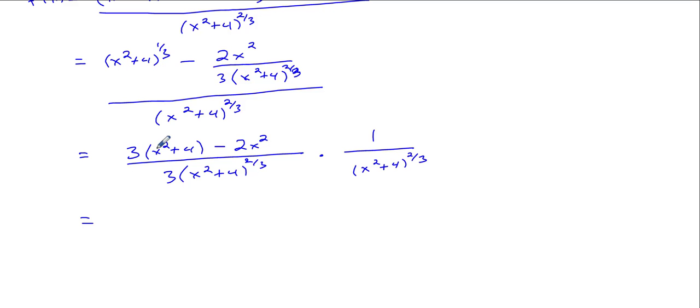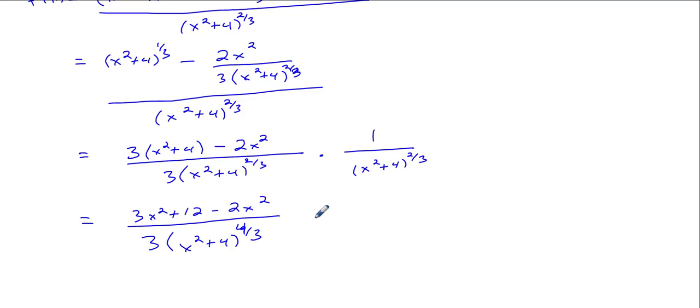Okay, that's going to be 3x squared plus 12 minus 2x squared all over 3 times, okay, like bases, multiplying, add the powers, looks like 4/3. That's a 4/3. And then I'm going to put an equal sign this way. That's just x squared plus 12, isn't it? All over 3 times x squared plus 4 to the 4/3 power.